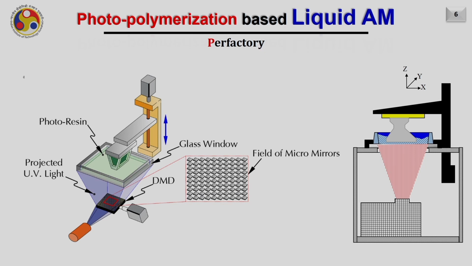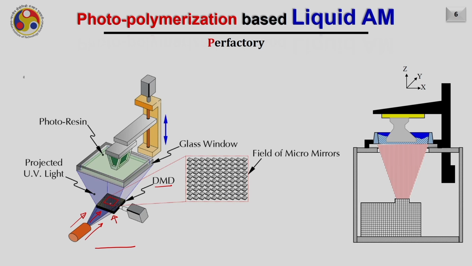As I have mentioned already, the micro mirror device. So this is how a typical Perfactory system or a DLP based system looks like. It consists, on the bottom side, of a DMD, which is called a digital mirror device, or DLP, digital light processing. A UV light is projected on this mirror device, as you can see from here.